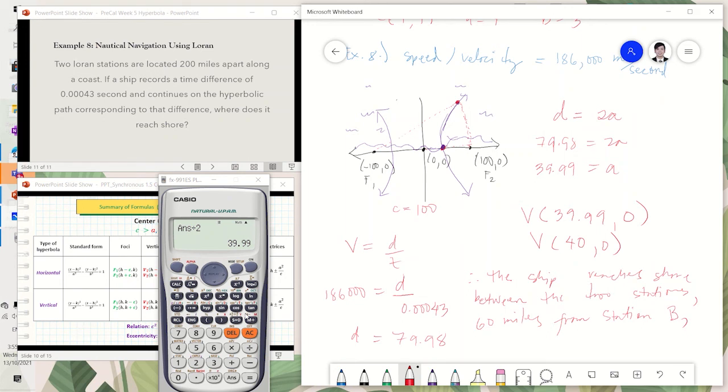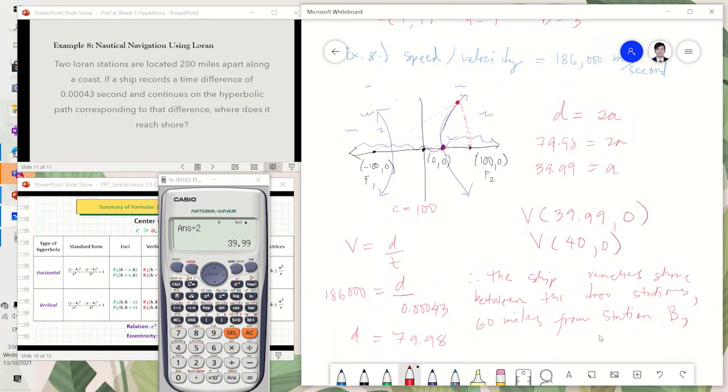Because looking at this, this is 40, right? From here, our second station, this is 100, and this is 40. So 100 minus 40, you'll get 60. So from here to here, that's 60 miles.